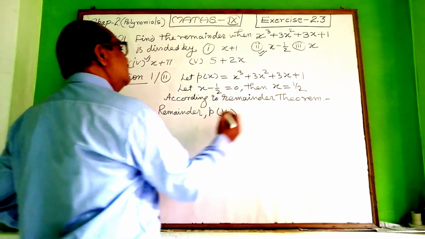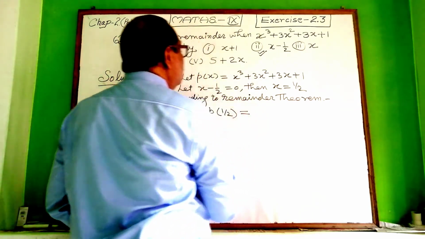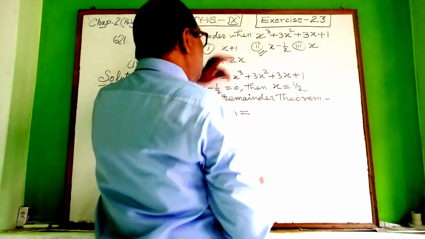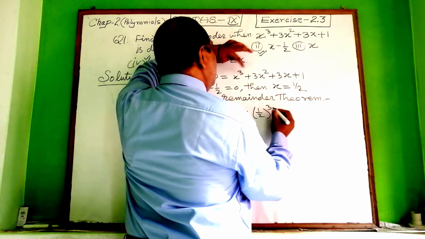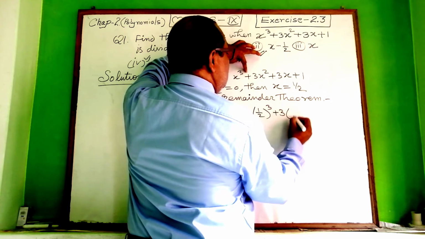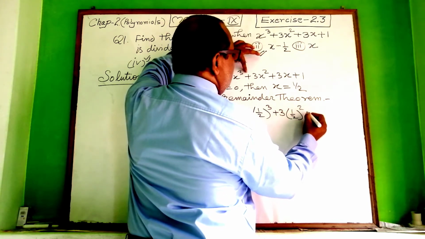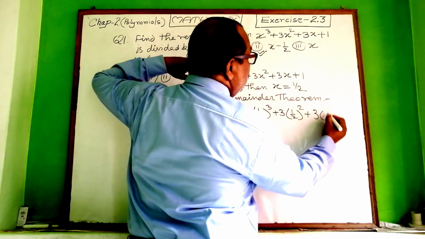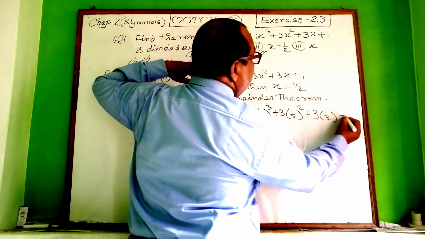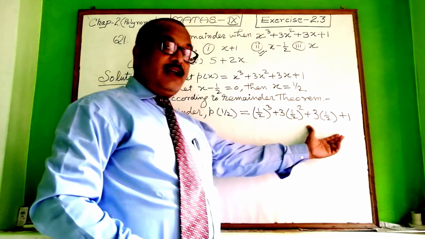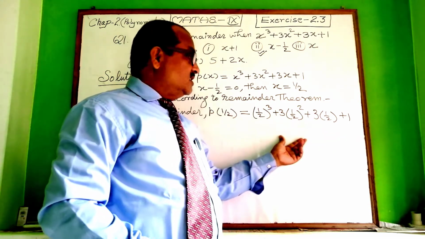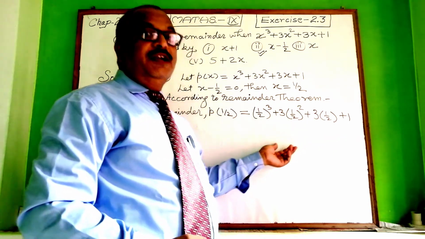This is the remainder. Now putting the value in the given polynomial, it will be (1 upon 2) whole cube plus 3 (1 upon 2) square plus 3 into 1 upon 2 plus 1. So in this way we can write it, and its simplification will give you the remainder.